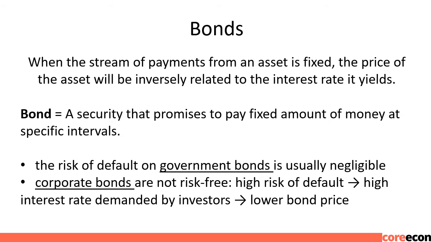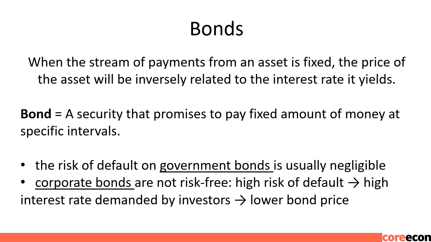The risk with any loan is that it may not be paid back. The same is true of bonds. The risk of default on government bonds is usually negligible, true for US government bonds but not necessarily for all government bonds. The return on government bonds is at risk of being lowered by high inflation. Money you earn will have less purchasing power.